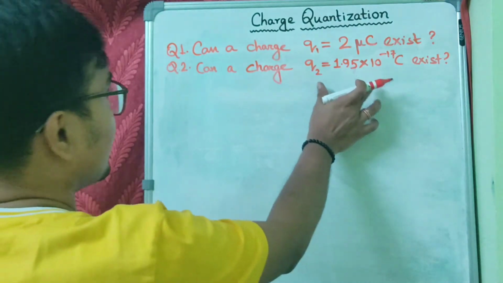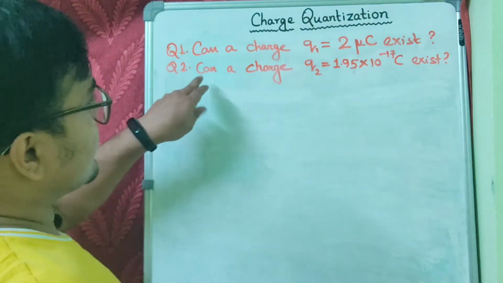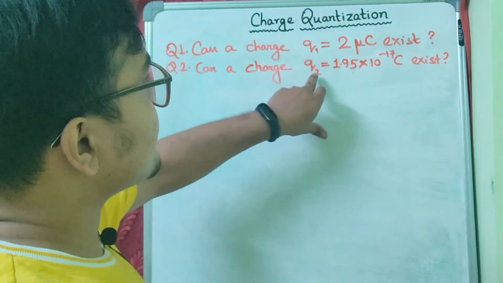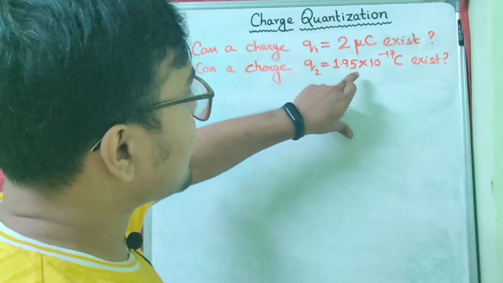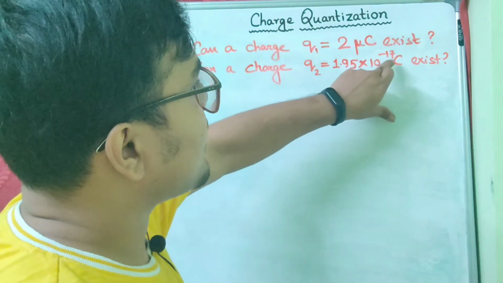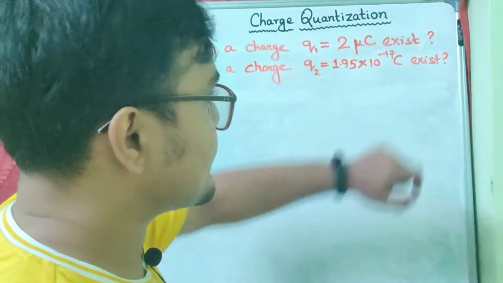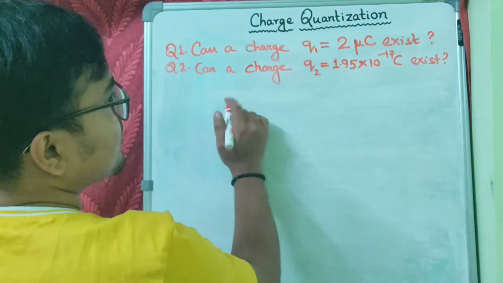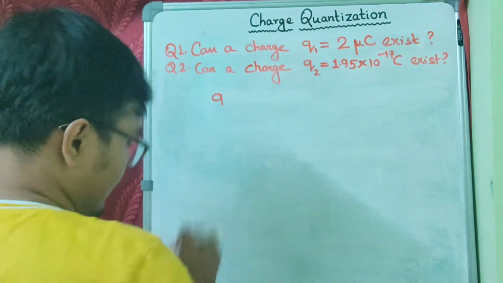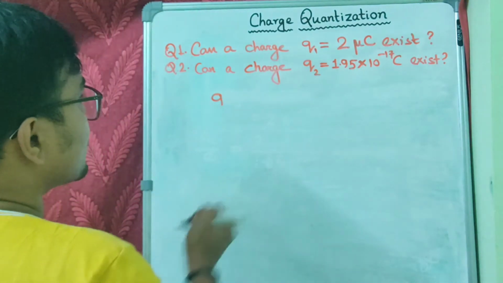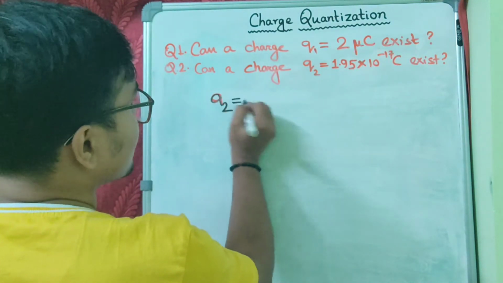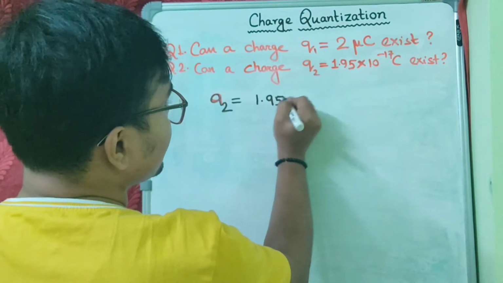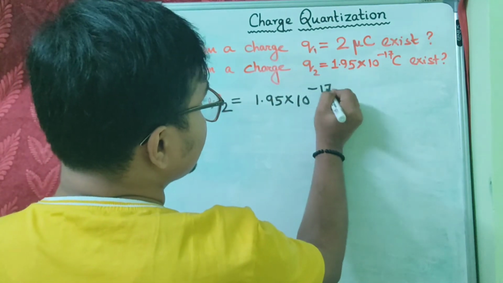Now we consider this second problem, where the question is, can a charge q2 equal to 1.95 into 10 to the power minus 17 coulomb exist? So for this problem we consider similarly q2 equal to 1.95 into 10 to the power minus 17 coulomb.